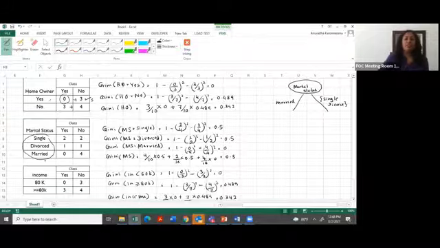Is it a pure partition? Can you see a clear decision? Yes, you can see, isn't it? If it is married, you had 4 rows, all of them are no. That means if it is married, you don't have to have sub branches further. Your decision is no. Is that clear to all of you?